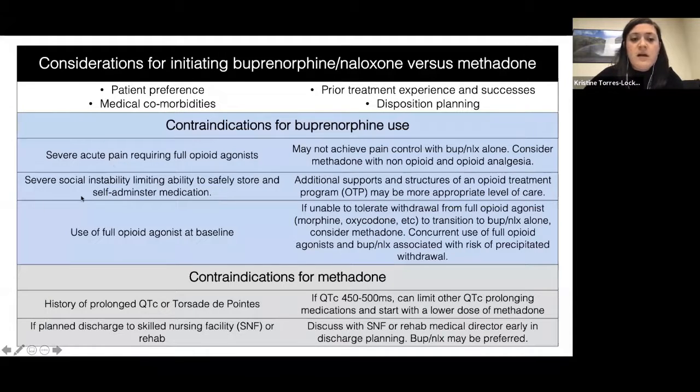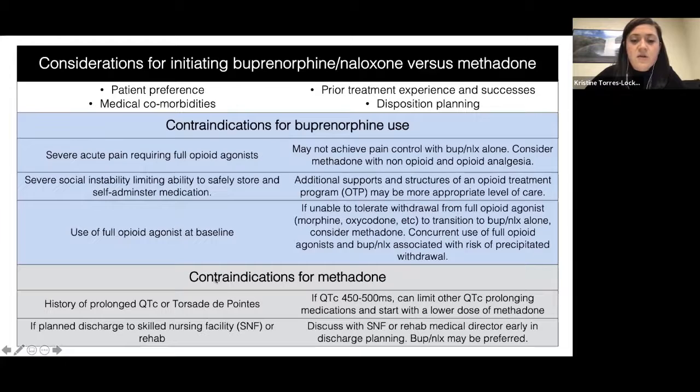The only other limiting factor is if they are so unstable that they can't store this medication and self-administer it, then maybe a methadone program's better. But I have several patients who are homeless, living in shelters or street homeless, and they're able to safely manage their medication with buprenorphine. So it is usually not a contraindication.